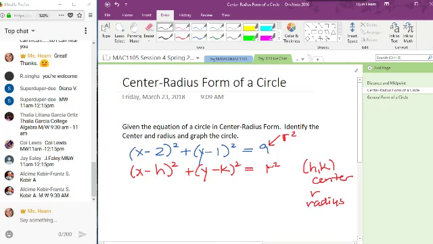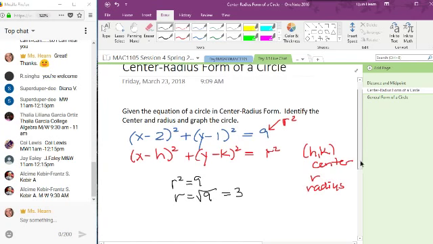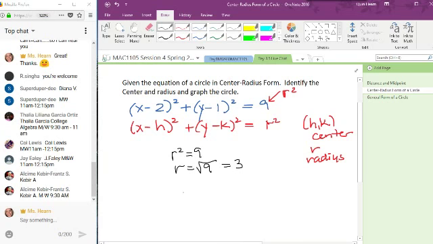So now we want to say, well, if r² is 9, that must mean that r is plus or minus the square root of 9, but a radius is always positive. So we're going to just have the positive square root of 9, which is 3. The way we find the radius when we have an equation in this form is we just take the square root of that number on the right. All right, so our radius is 3.